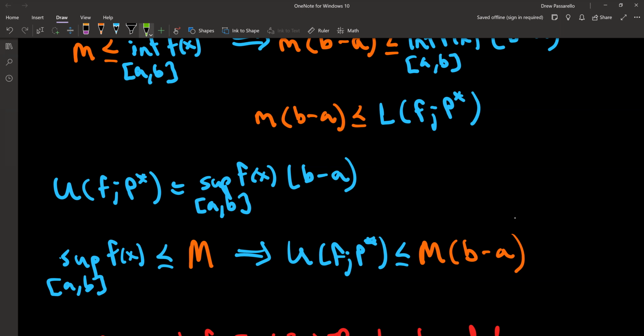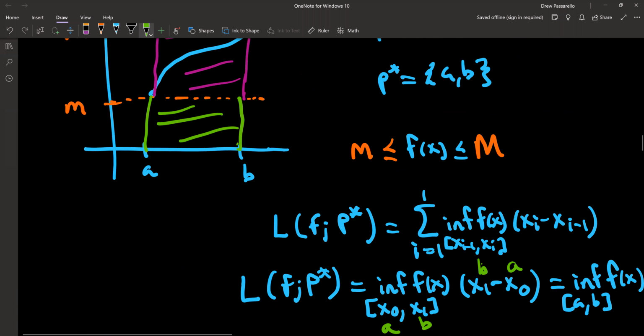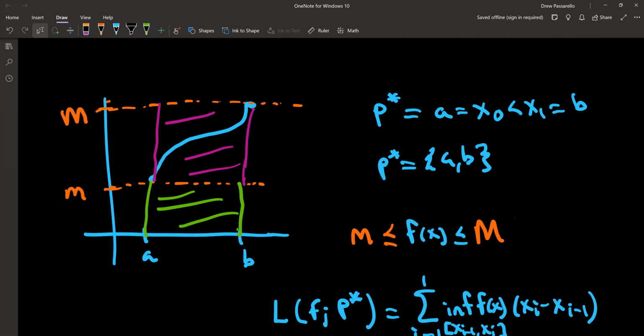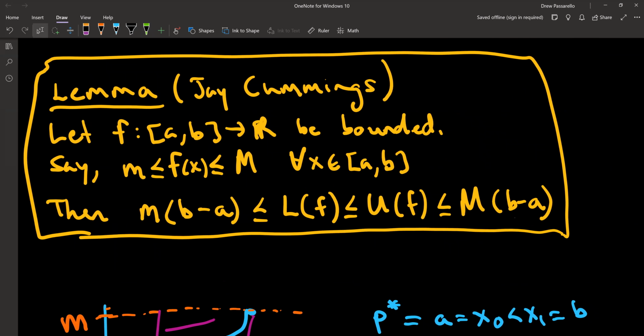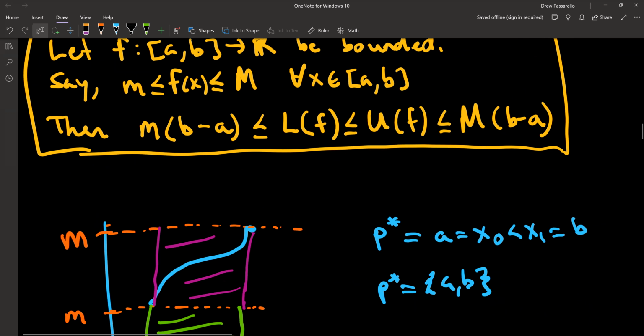All right, so it's going to rely on us making this 2-point partition and getting a string of inequalities to get down to little m times (b minus a) less than or equal to L of f, which is less than or equal to U of f, which is less than or equal to capital M times (b minus a).